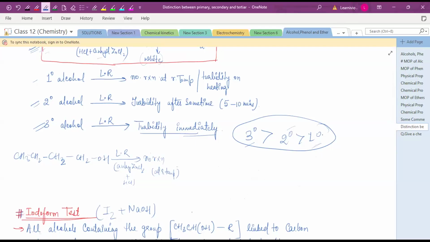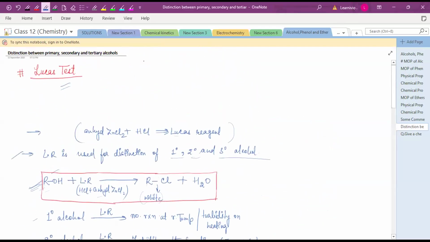Now the question is, which type of question can come from this topic, right? Lucas test. Suppose they will give you propane 1-ol. How will you distinguish between propane 1-ol and 2-methyl propane 2-ol?